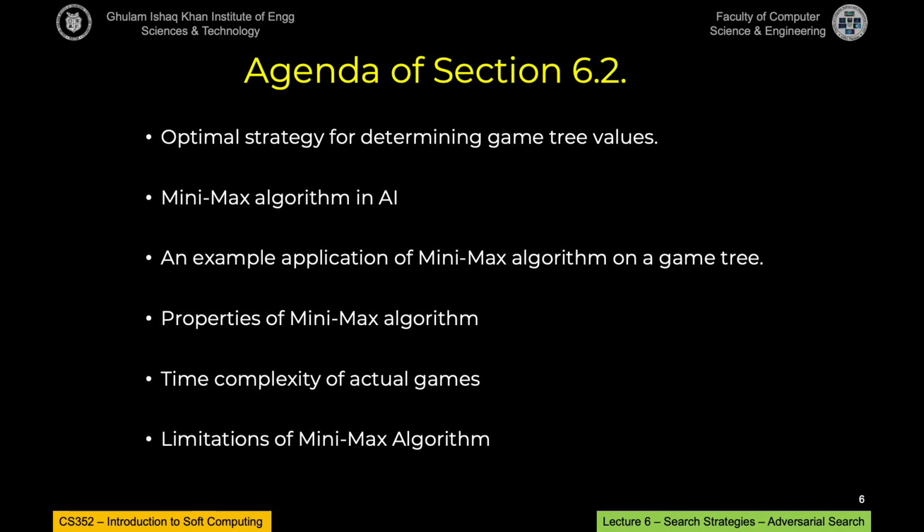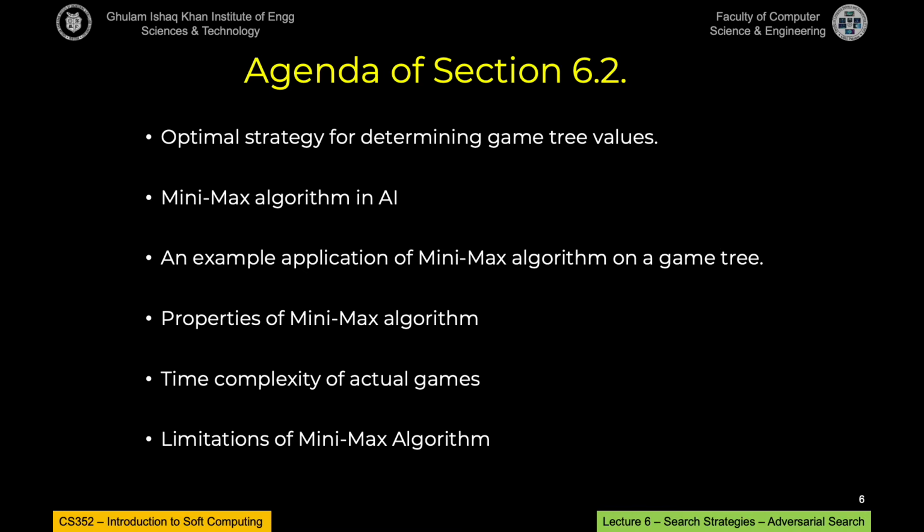Then we'll discuss an algorithm called the Minimax algorithm that is used to evaluate the maximal utility on a given game tree. Then we'll actually apply it on a particular case of a game tree and see what the results are.